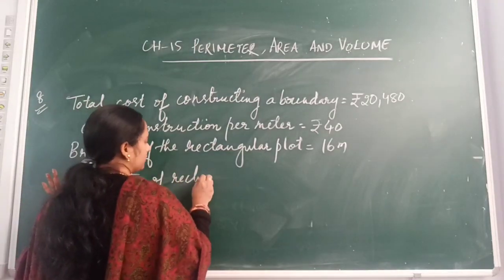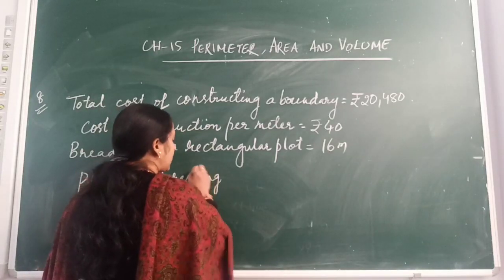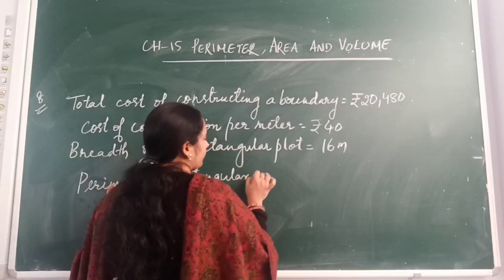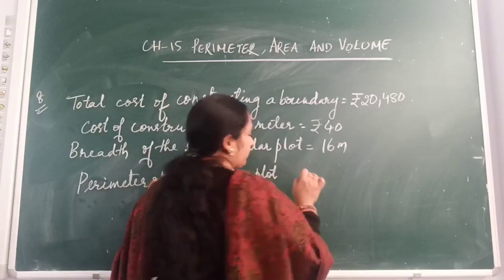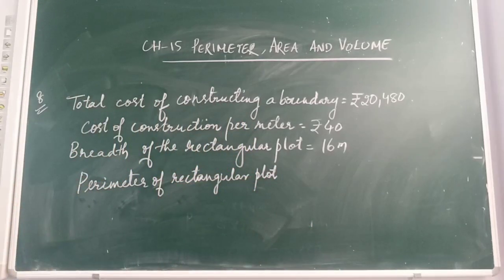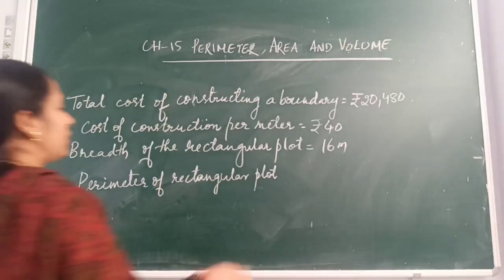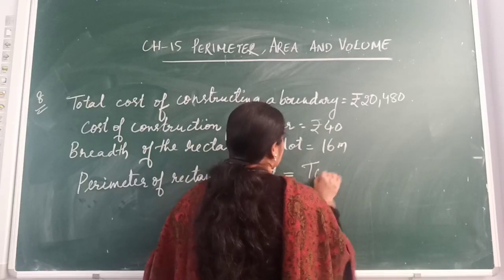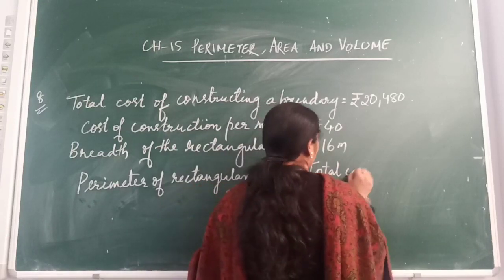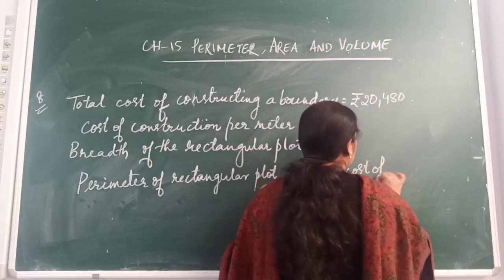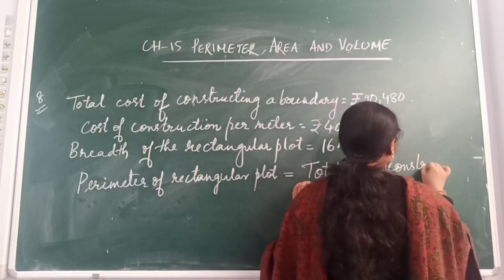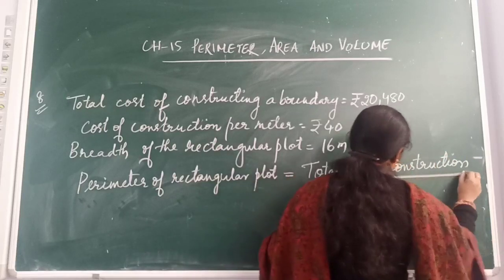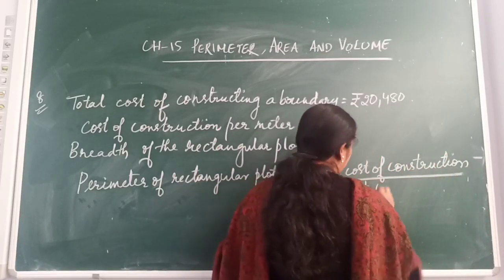In this case, we can find the perimeter of the rectangular plot. Perimeter of the rectangular plot will be equal to total cost of construction divided by cost per meter.